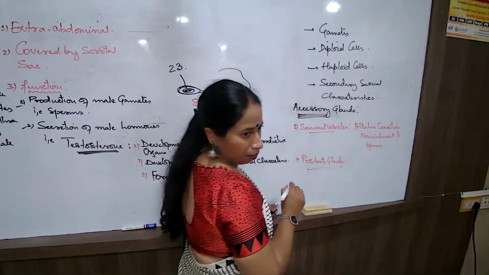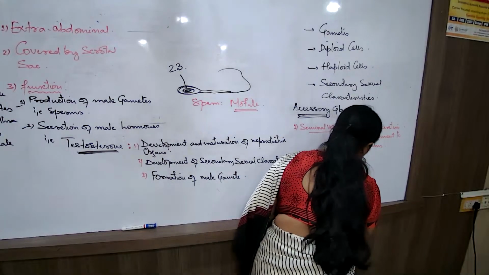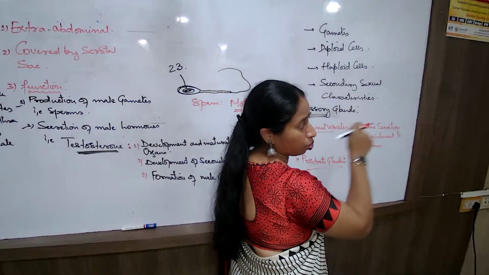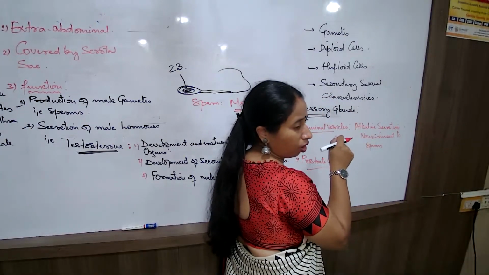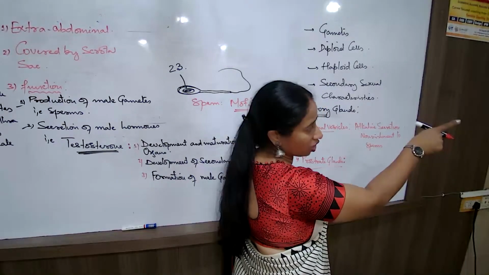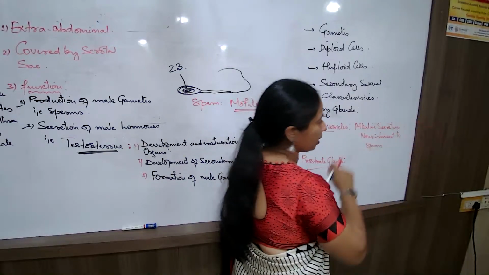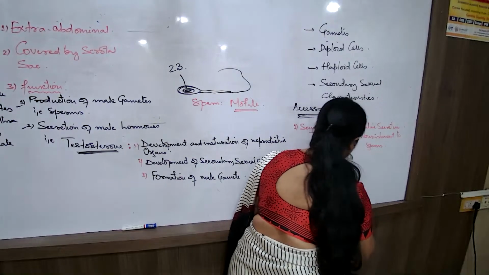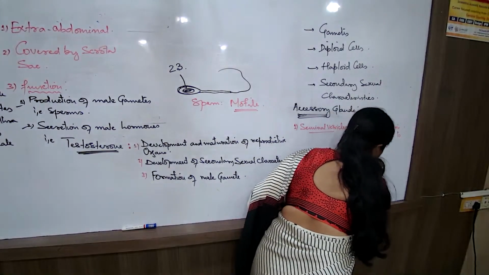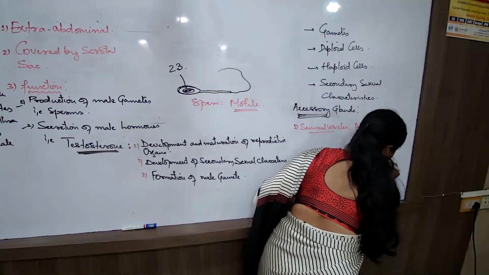Now, check the location of the prostate glands. What are you to write? At the junction of the bladder and the urethra. Can you see there? These prostate glands also produce an alkaline secretion.